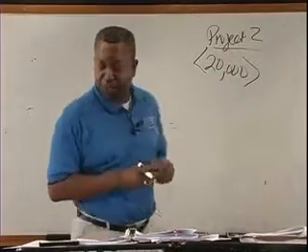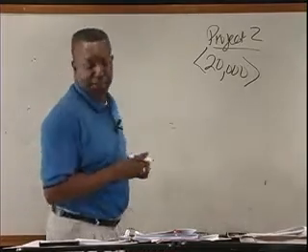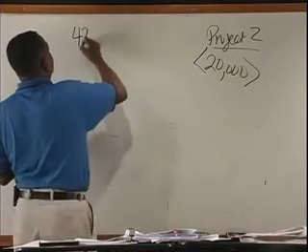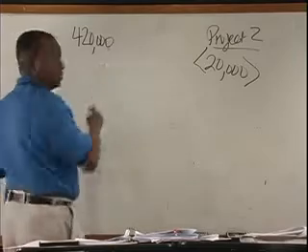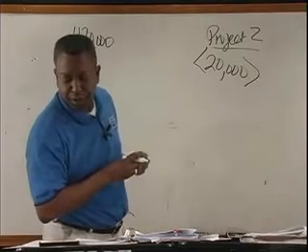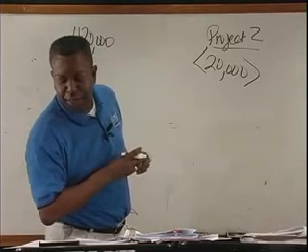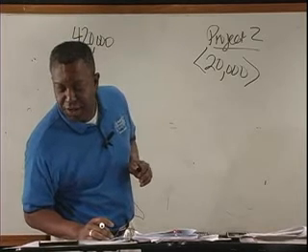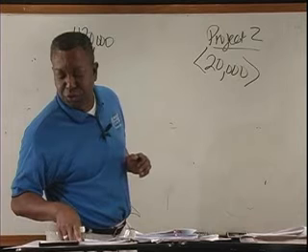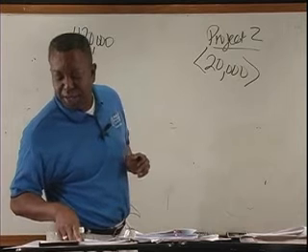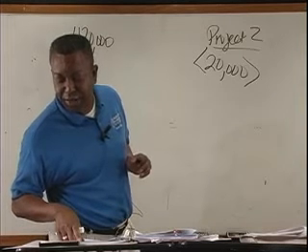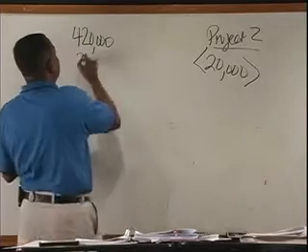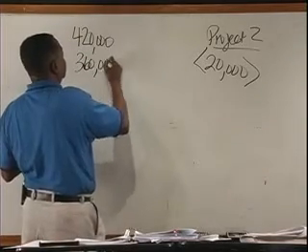Now, with Project 1, the contract price is $420,000. The estimated cost to complete is going to be $240,000 plus $120,000, which is $360,000.